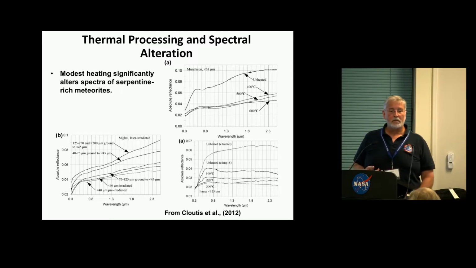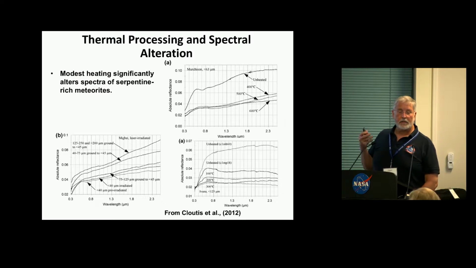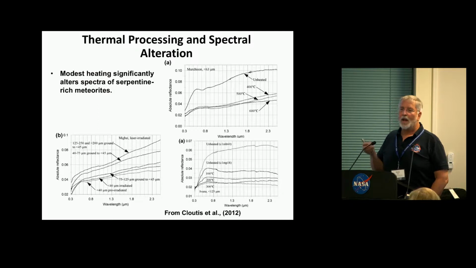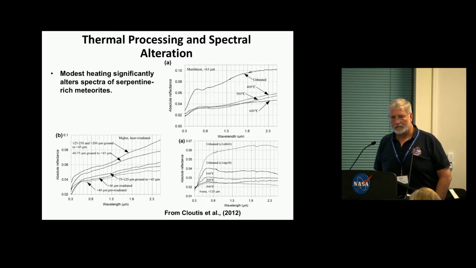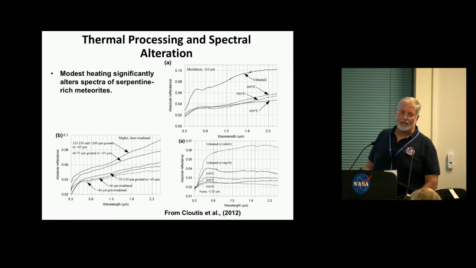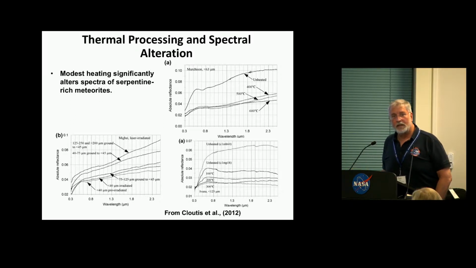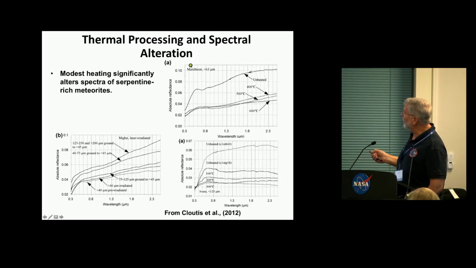Why we care is that probably the volatile-rich carbonaceous chondrites that get into the inner solar system are highly susceptible to spectral alteration by very modest heating. The reason is that these serpentines are highly unstable when you start to heat them up a little bit. I just want to point out that these are very basic thermal processing experiments.